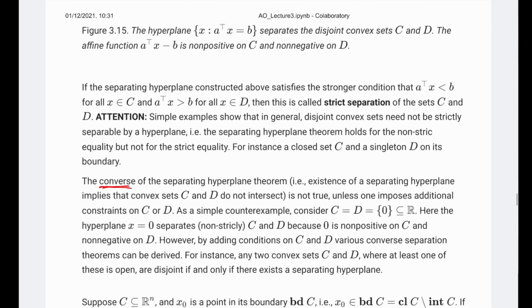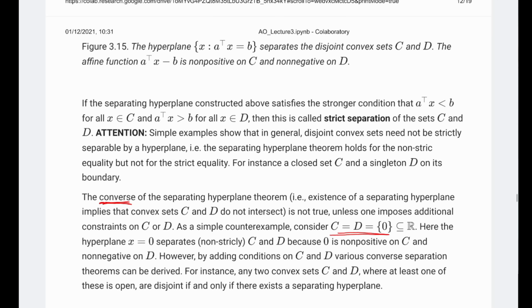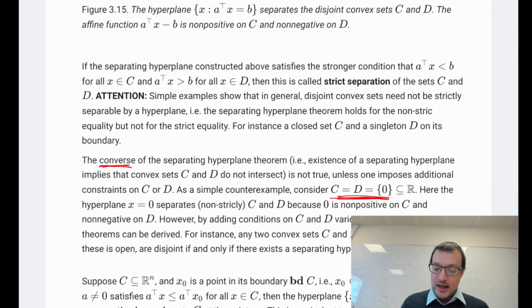And as a counterexample, we can consider the set C and the set D, which are each made of just one element, a singleton. And we know that C and D are convex, okay? And we can construct a separating hyperplane because a hyperplane passing through 0 will satisfy the less equal, for instance, for C, and the greater equal for D. Of course, in both cases they are actually satisfied with the equality, but the condition is satisfied, that's the point.